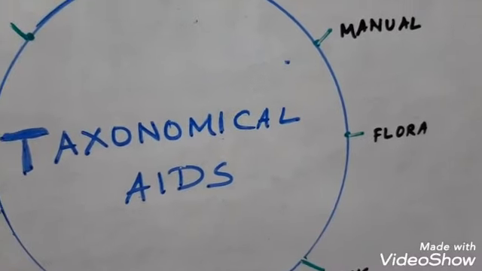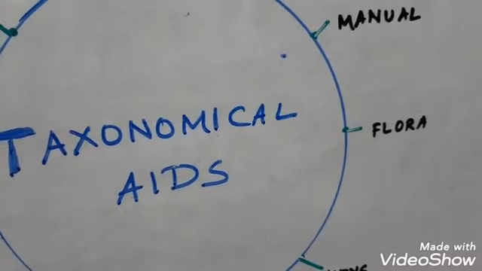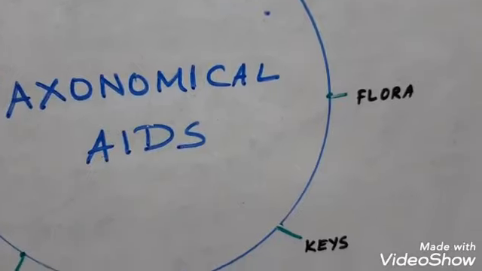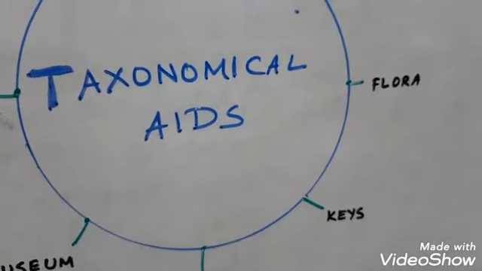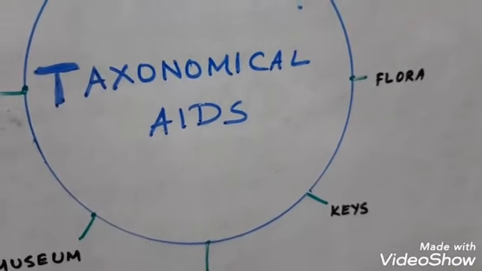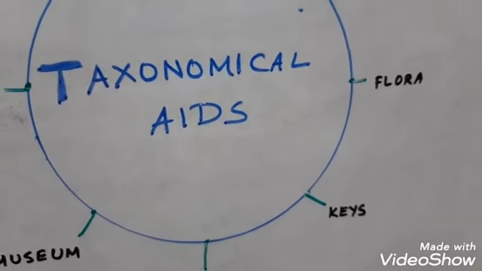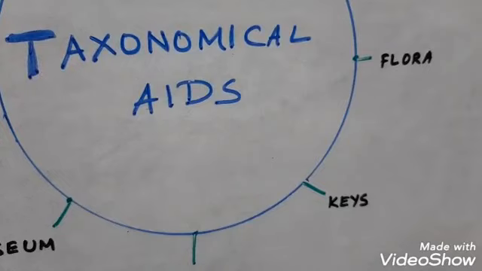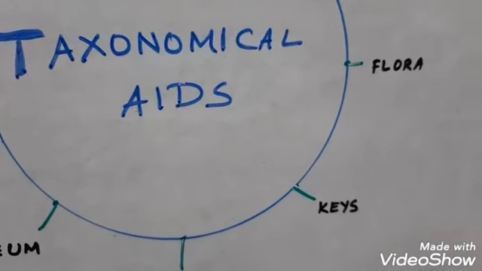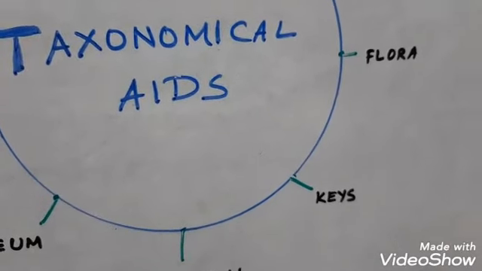Now here to study a tree, we have to use two contrasting pairs of traits or characters which are called couplets. C-O-U-P-L-E-T, couplets. These result in acceptance of one character and rejection of the other character.